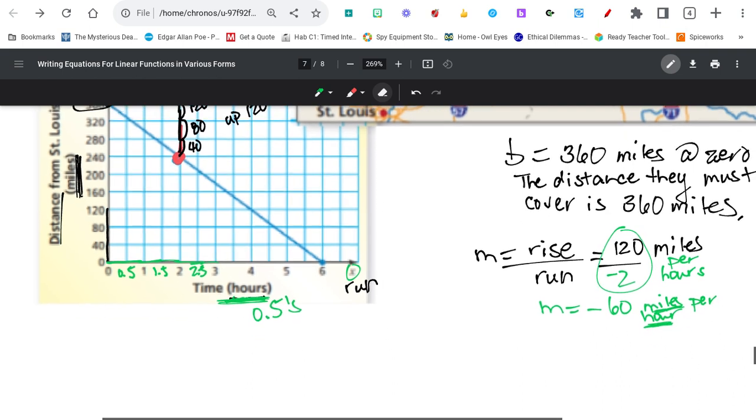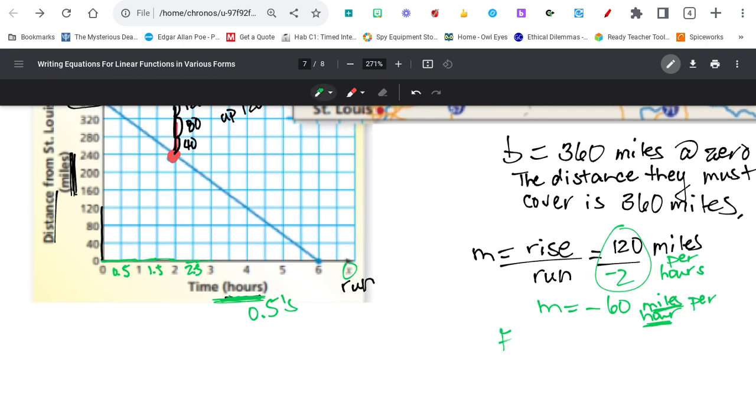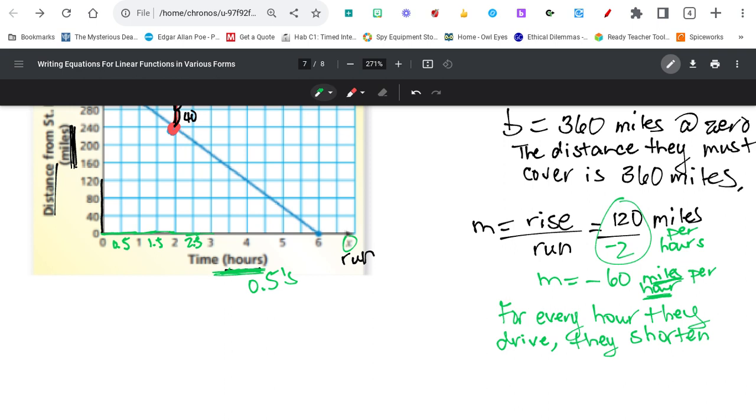All right, so all this means is that for every hour they drive, they shorten their distance. Shorten, not gain, because it's negative. They don't gain 60 miles. They shorten their distance by 60 miles because it's negative.